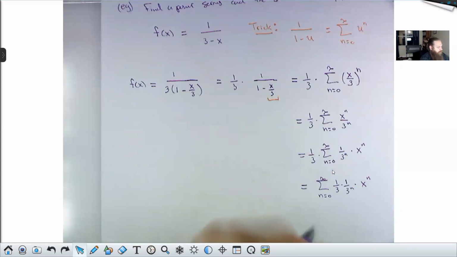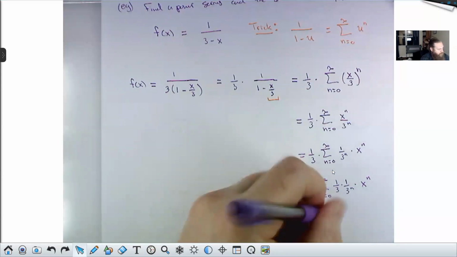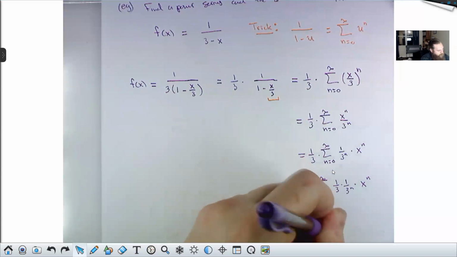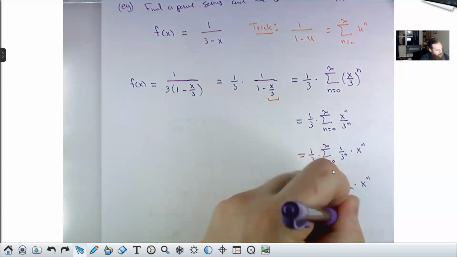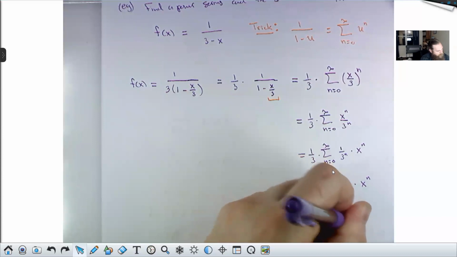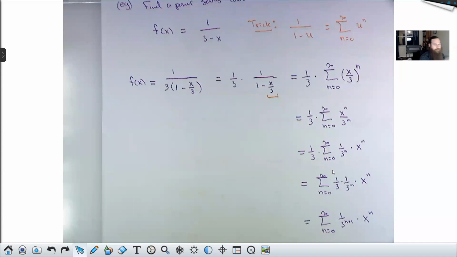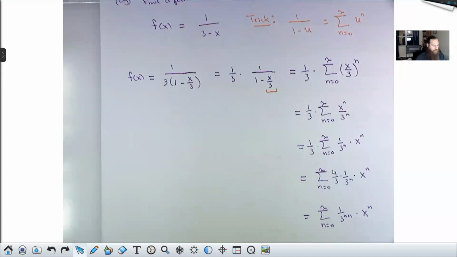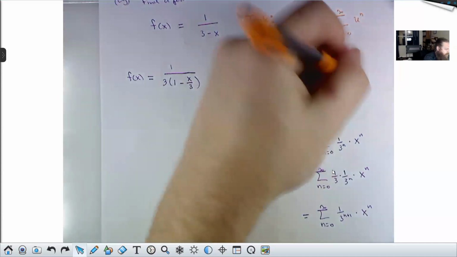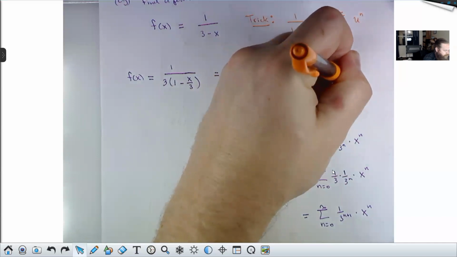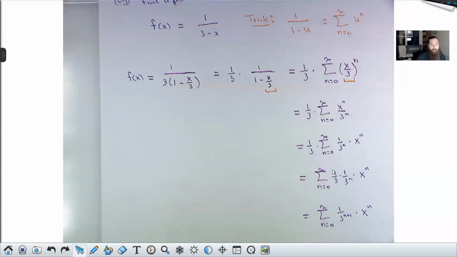And when you multiply those two fractions there, you get 1 over 3 to the n plus 1, times x to the n. And so sorry, here I underlined on the previous problem the u piece in each there. There it is. So this is the power series for this function.